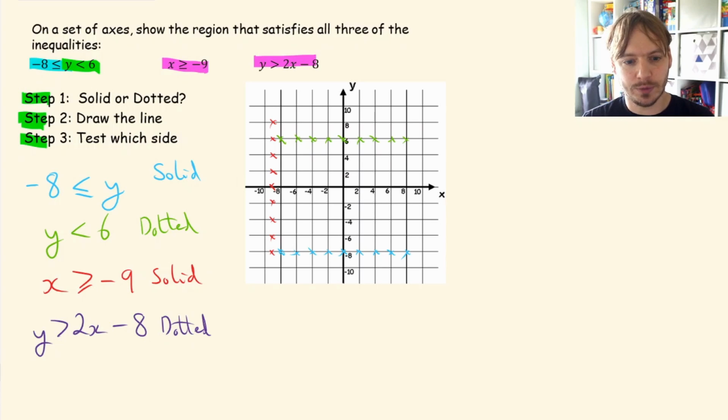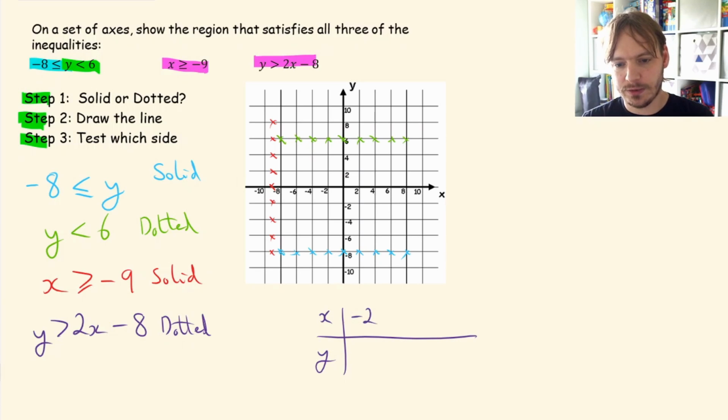And then the final one, a little bit more awkward, y is going to be equal to 2x minus 8. So for this one, we might do a quick table of values. If x is -2, then 2 times that is -4. Subtract 8 is -12. That's actually off our graph.